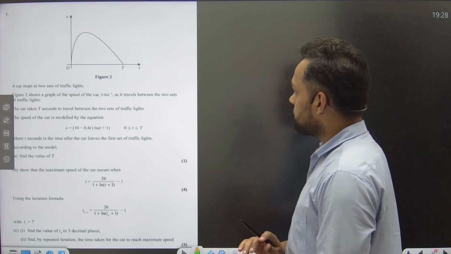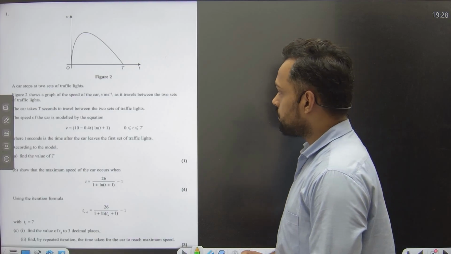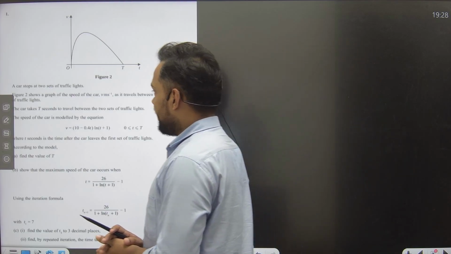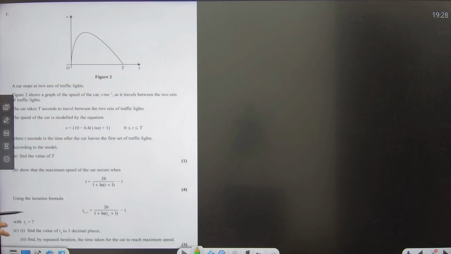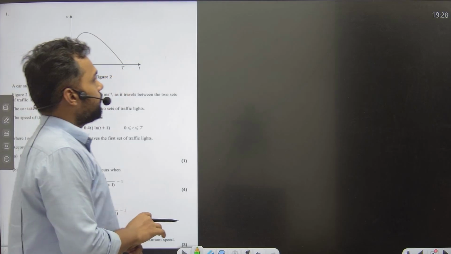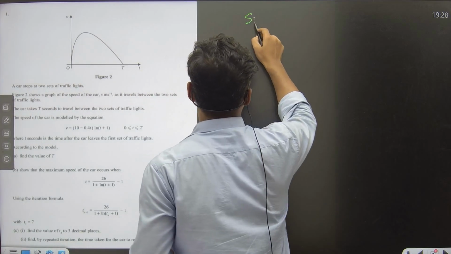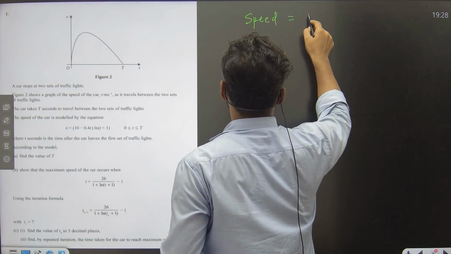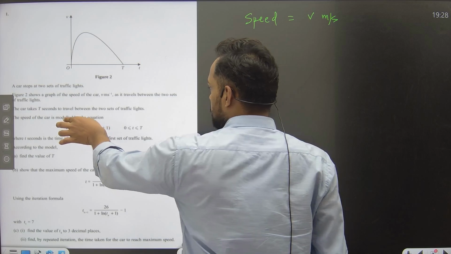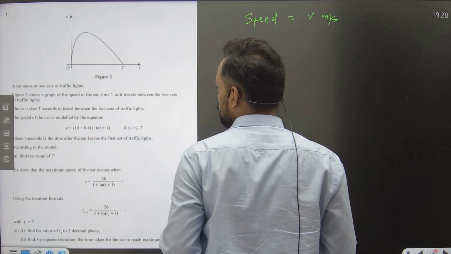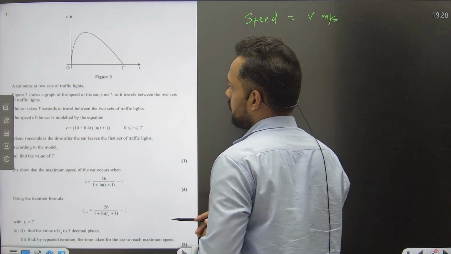The first part is given that a car stops at two sets of traffic lights, as shown in the figure mentioned in the question, and the speed of the car is v meters per second. The car takes t seconds to travel between the two sets of traffic lights.